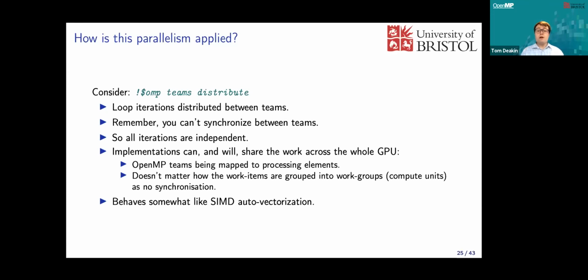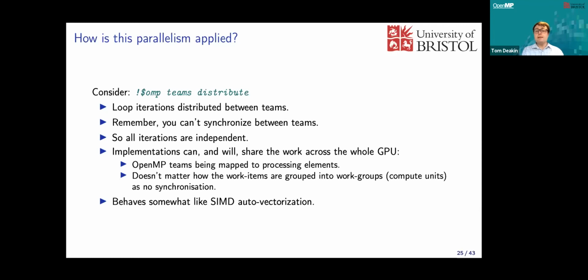Because everything's independent, the compiler will use that information and then share the work across the whole GPU. So we'll find that OpenMP teams are now being mapped to processing elements instead of compute units. And it doesn't really matter how those work items or threads or CUDA threads are going to be grouped into the thread blocks or work groups or how they're arranged on the compute units.